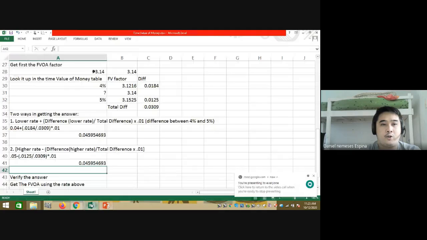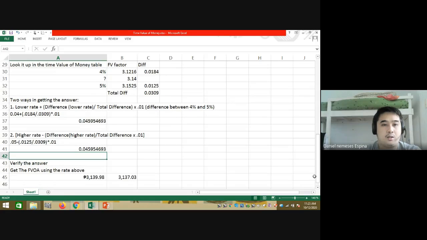Okay, next. Whether you use the lower rate formula or the higher rate formula, you will get the same answer. Now you want to verify if that's really the answer. We are looking for a future value of an ordinary annuity of 3,137.03.